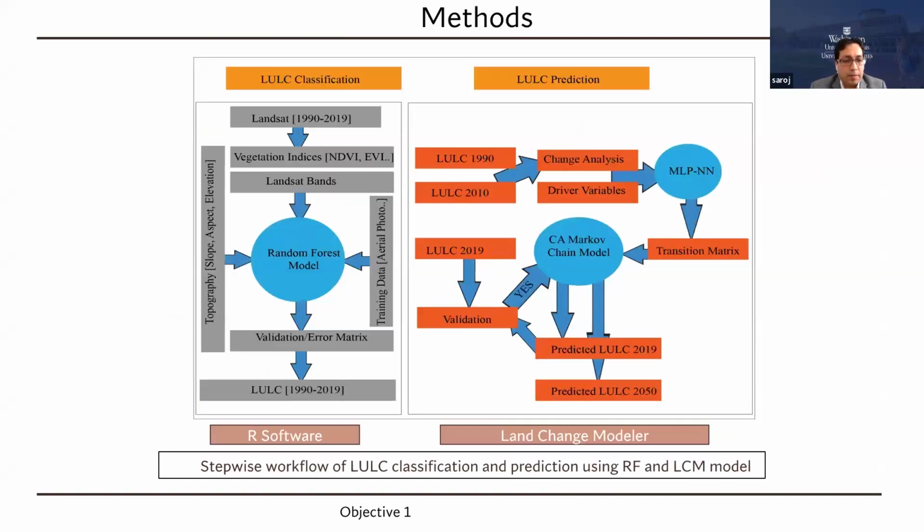For this objective, two distinct methods were used. First, to classify the land use land cover, I used a random forest model. The data used were all the vegetation indices, Landsat bands, and topography, which is slope, aspect and elevation. Random forest is an ensemble machine learning algorithm that combines multiple decision trees.